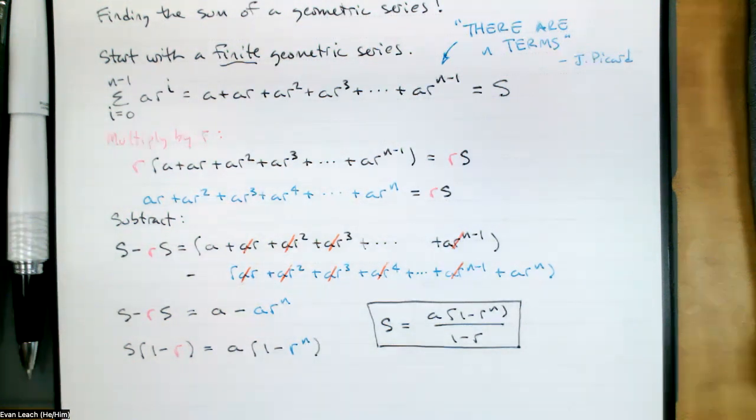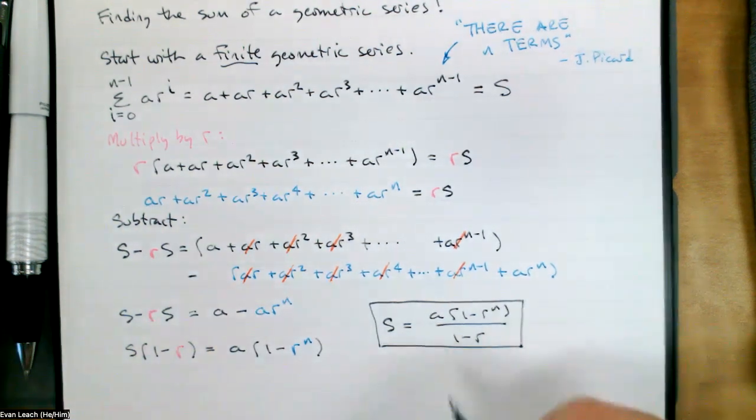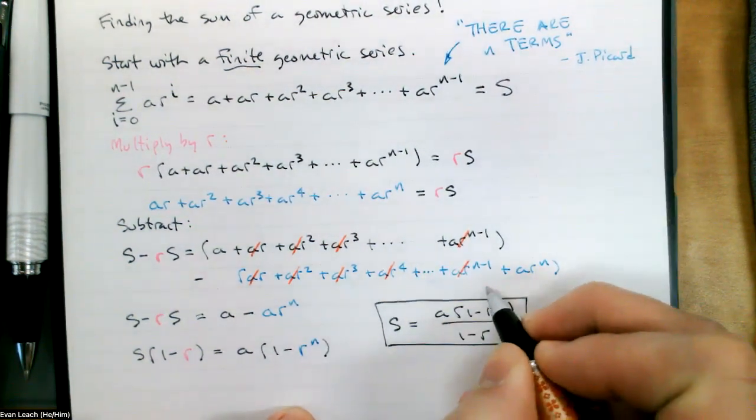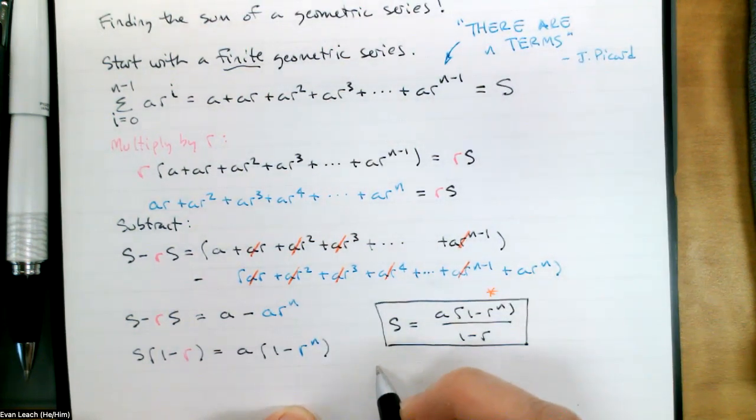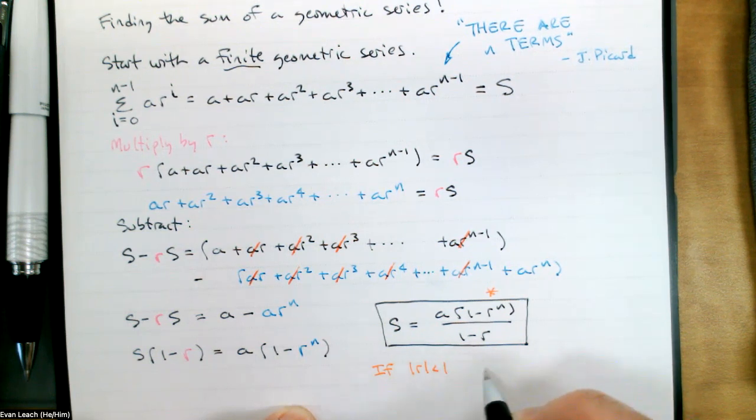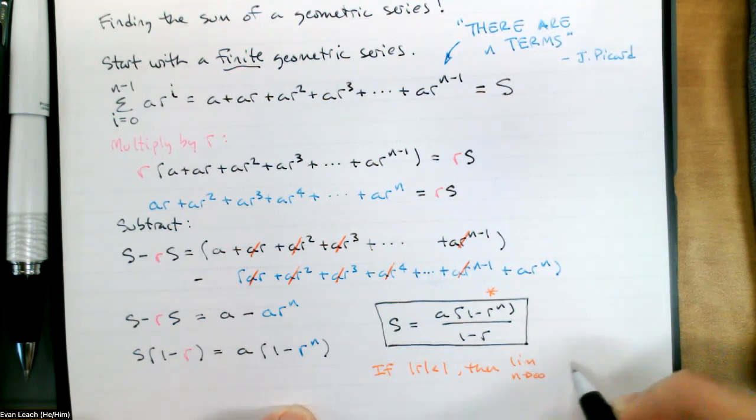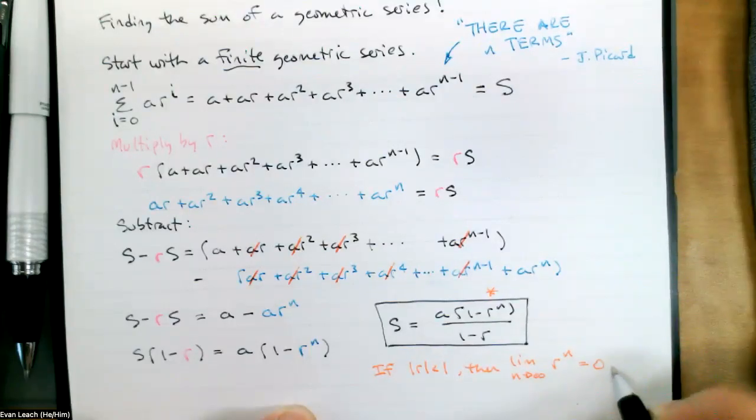So here's one way we can get at our sum of an infinite geometric series. Here in this term, if r is less than 1 in absolute value, then the limit as n goes to infinity of this r to the n is equal to 0.